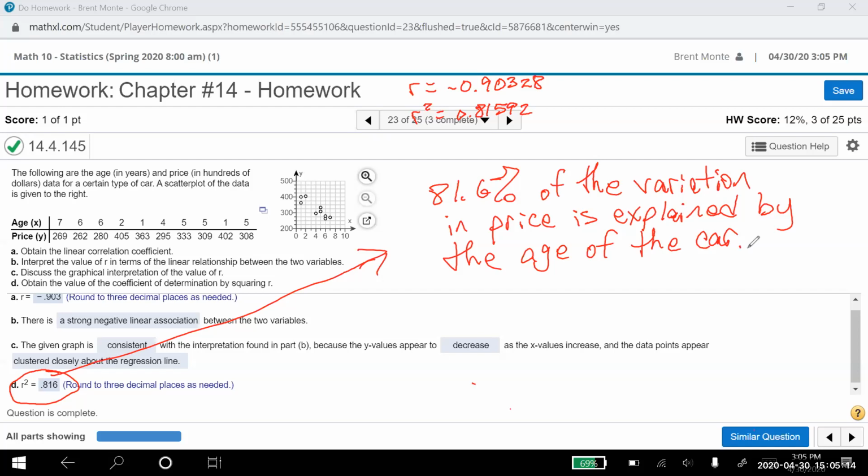And again, if we want to word it like I did on that other one, what's that going to be? 18.4% is due to other factors, explained by other factors.